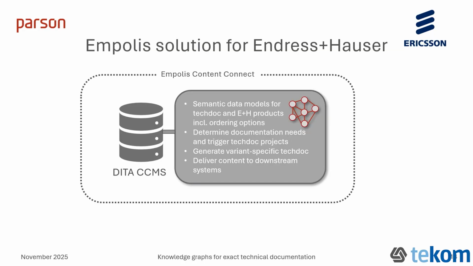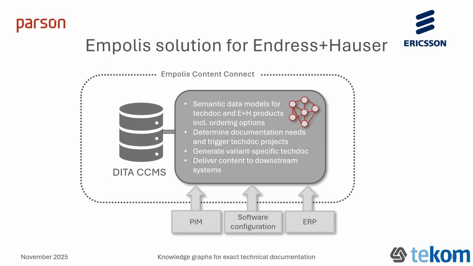So the architecture that we use for Endress+Hauser, because the knowledge graph itself is not the whole answer to the problem. We are using a commercial product which is called Empolis Content Connect, which you can look at at this trade fair. They have a booth down there. And this is a combination of a knowledge graph and a data CCMS. So the knowledge graph holds the product model, so it gets the data from the product information management system, from SAP, from 2 software configuration systems so far.